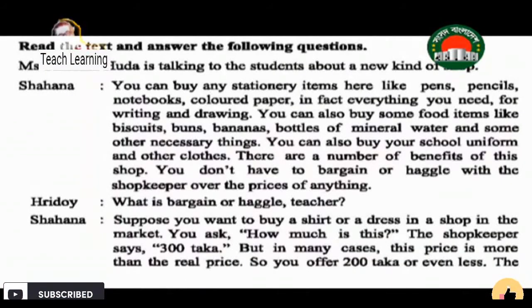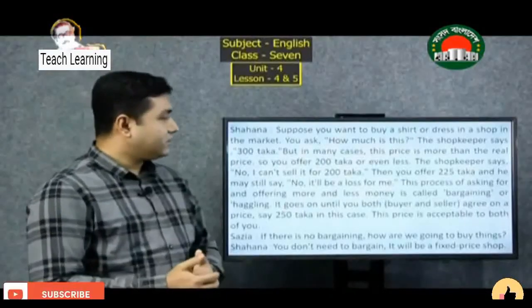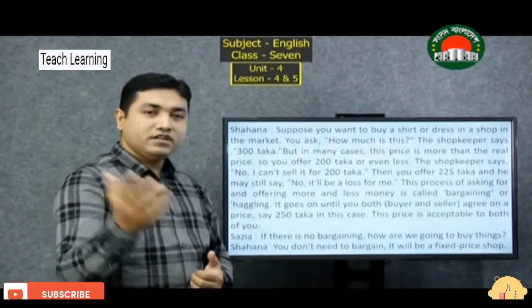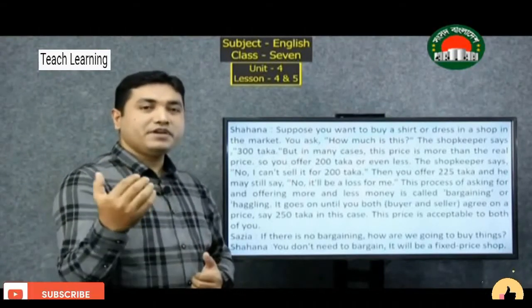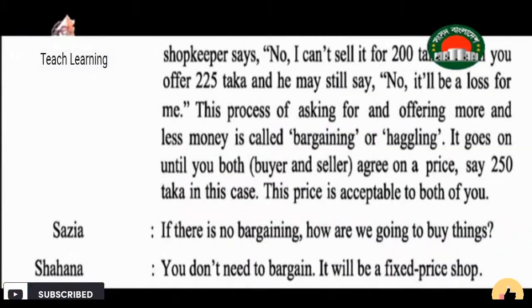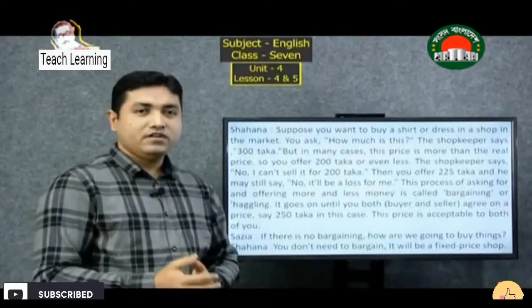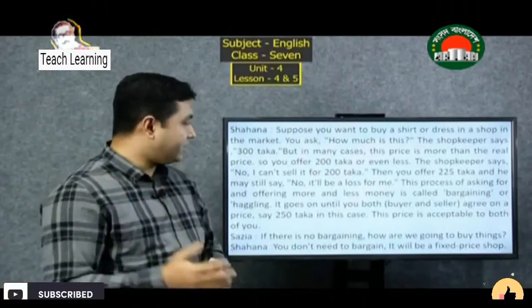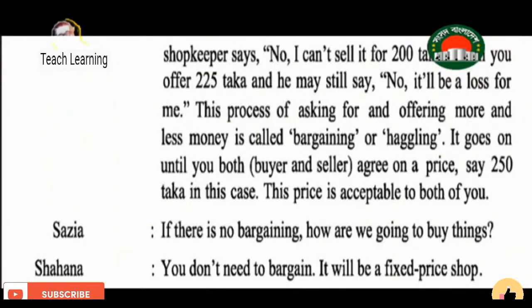So you offer 200 taka or even less. The shopkeeper may say, no, I won't sell it for 200 taka. Then you offer 225 taka and he may still say, no, it will be a loss for me.